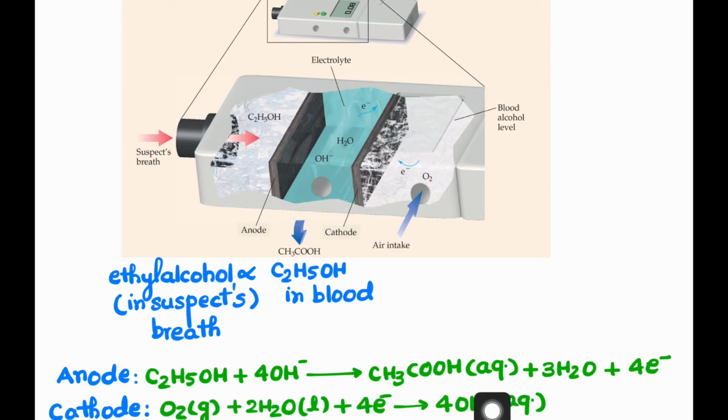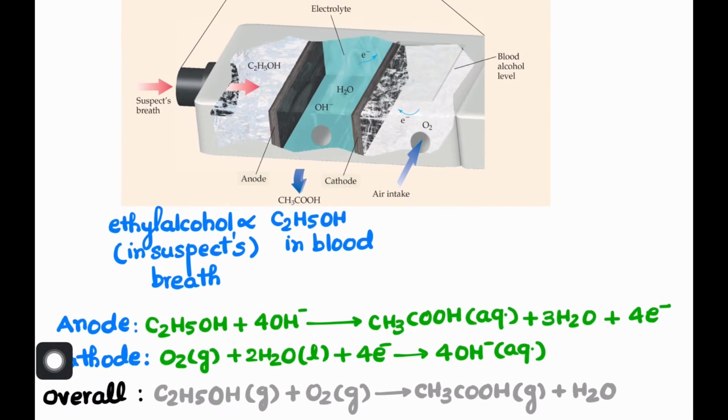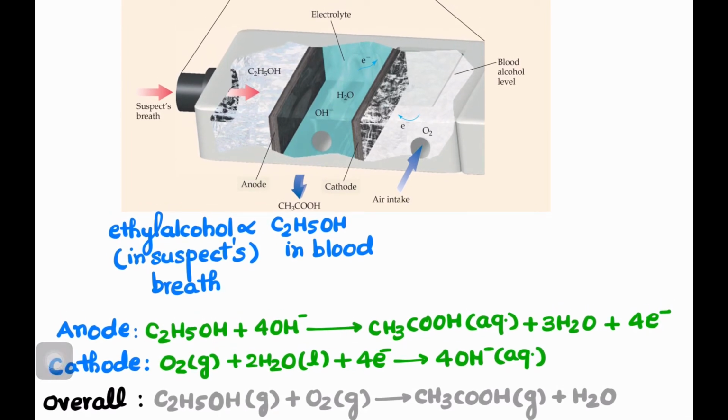If we talk about the overall reaction, it will be simply the oxidation of ethyl alcohol to acetic acid and water. The ethyl alcohol is getting oxidized to acetic acid, and water is produced.